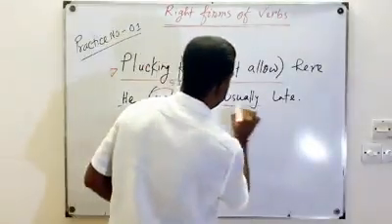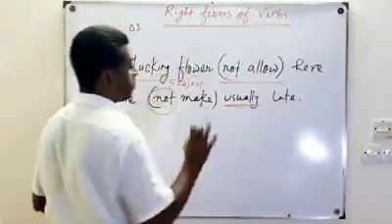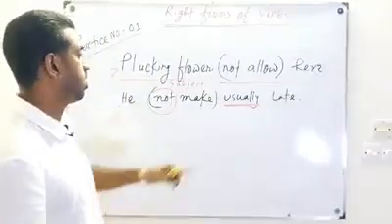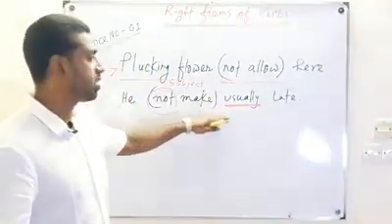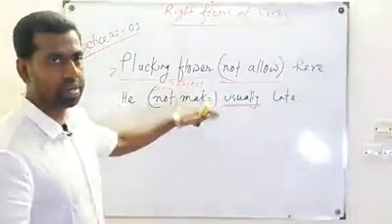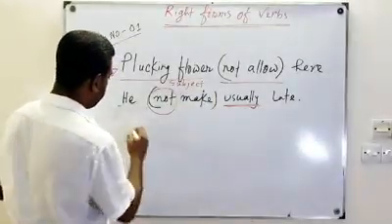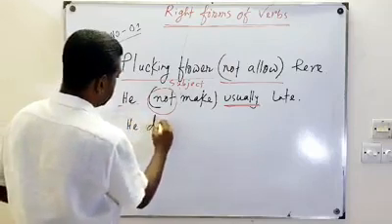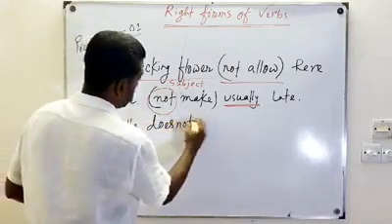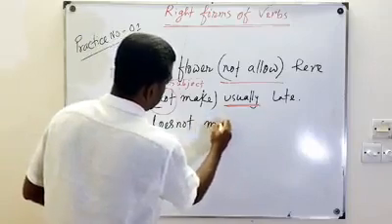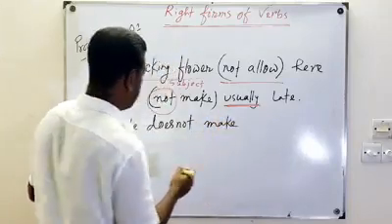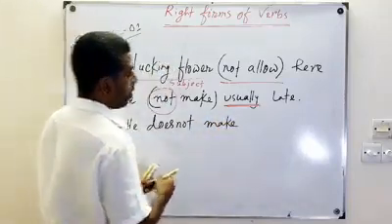And usually is an adverb, and if you see usually, you guess this is a present simple tense. So the answer becomes: he does not make late.